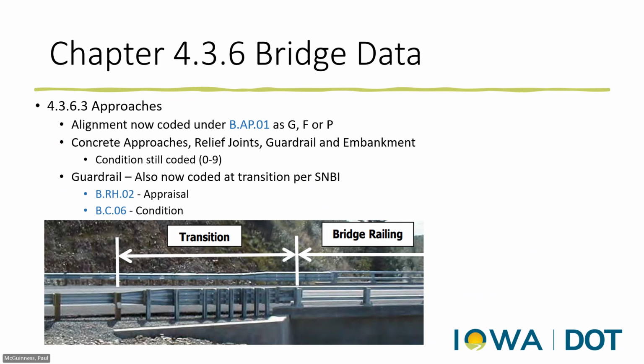And the condition section is the observed condition. And then I guess I'm a little out of order here. The alignments are now coded as good, fair, poor based on speed reduction while crossing the bridge. And this is their criteria: none, noticeably, and substantially.